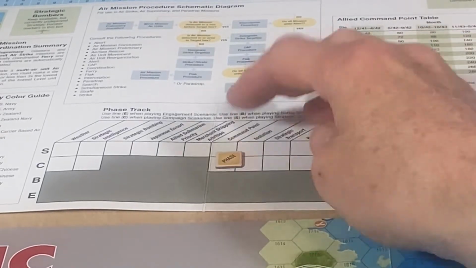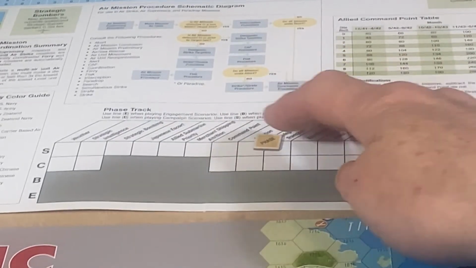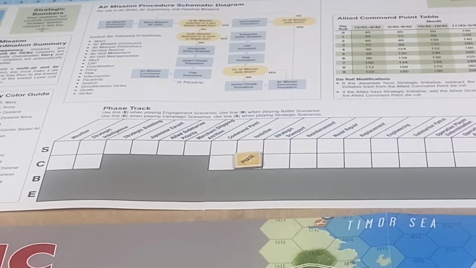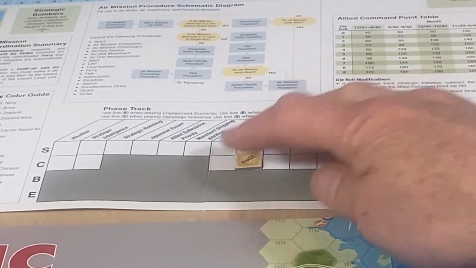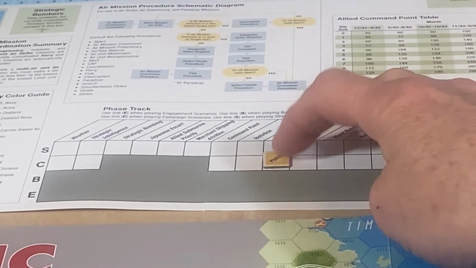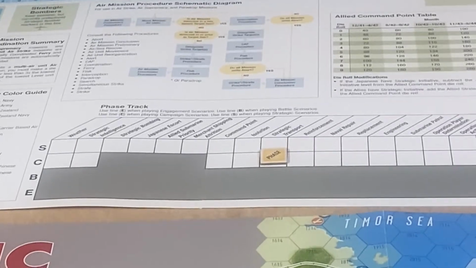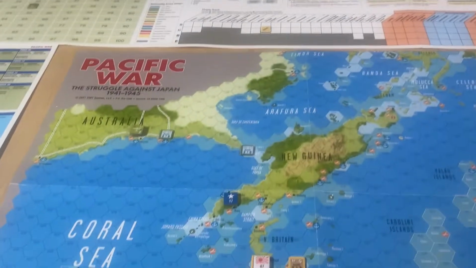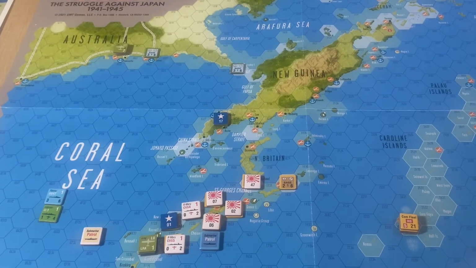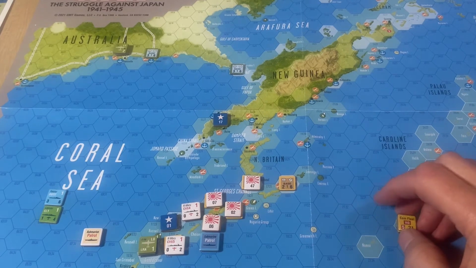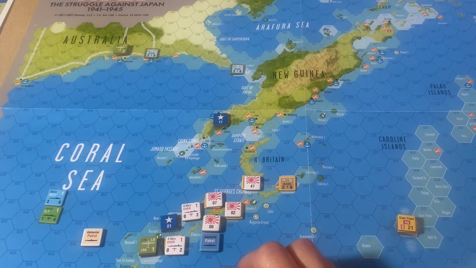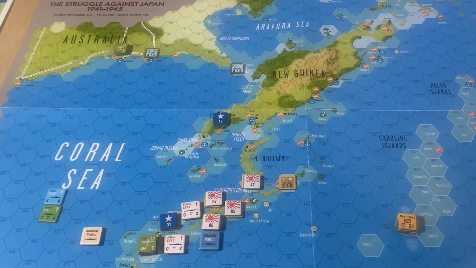We're at command points. We did that isolation. Everybody should be linked. Strategic transport. Again, there's not a lot for the Japanese to do. I believe, let me take a look.